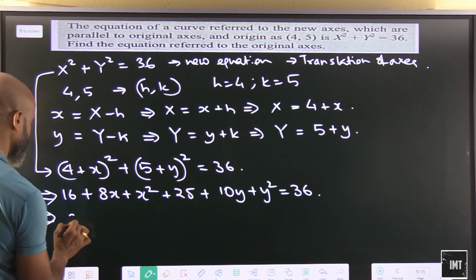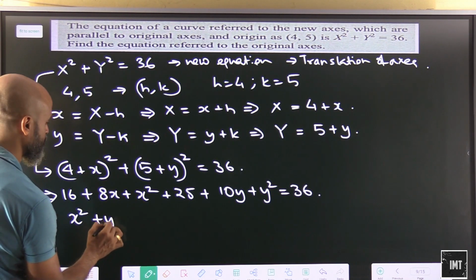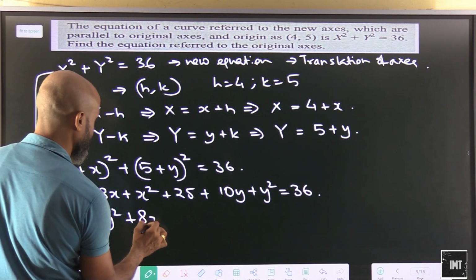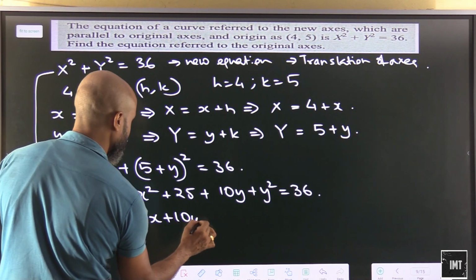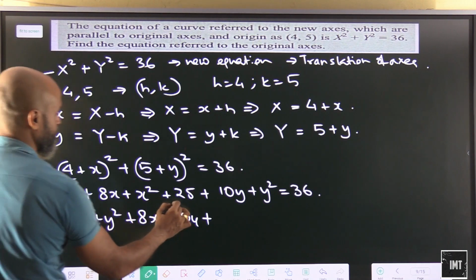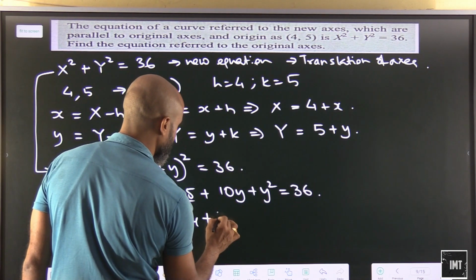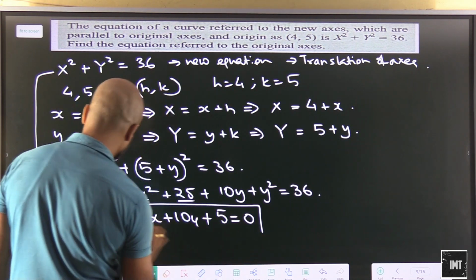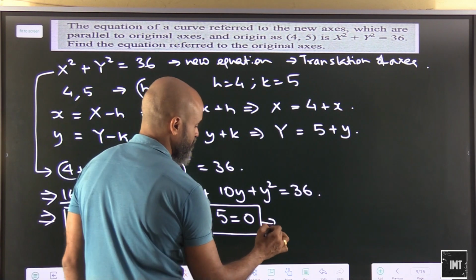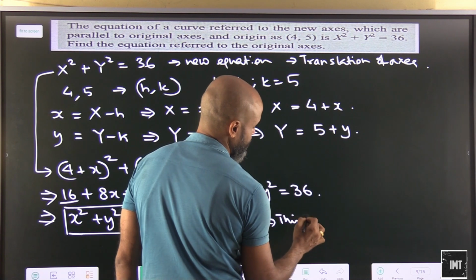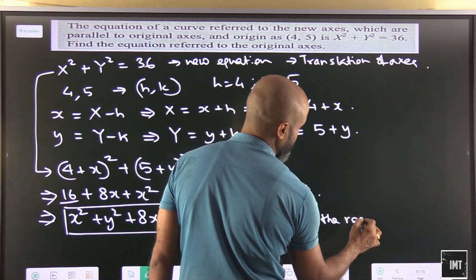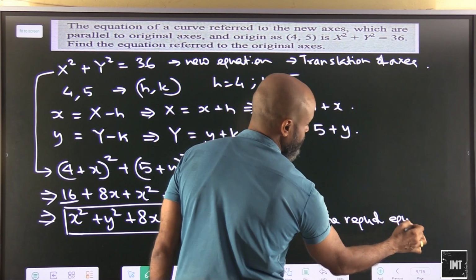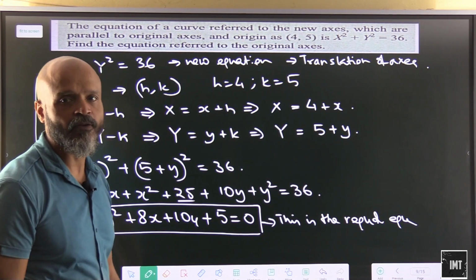That would mean x square plus y square plus 8x plus 10y plus 25 plus 16, that is 41, minus 36, that is 5, is equal to 0. This is the required equation of the original points.